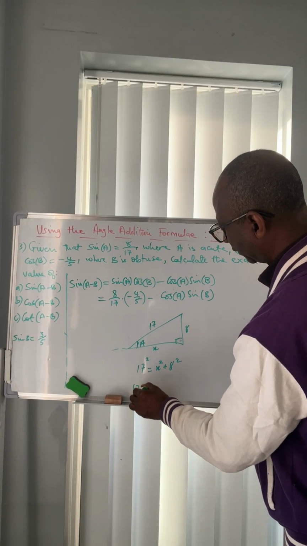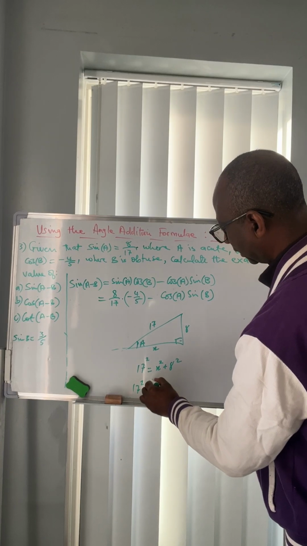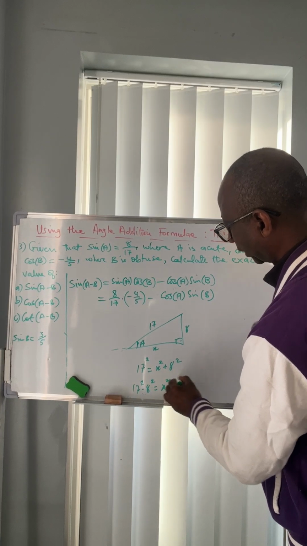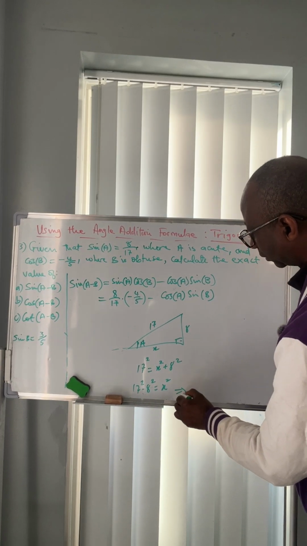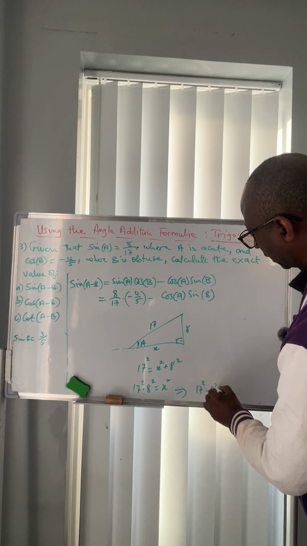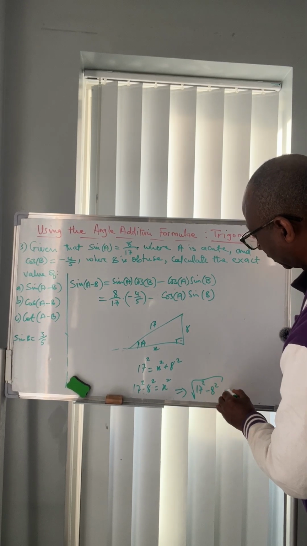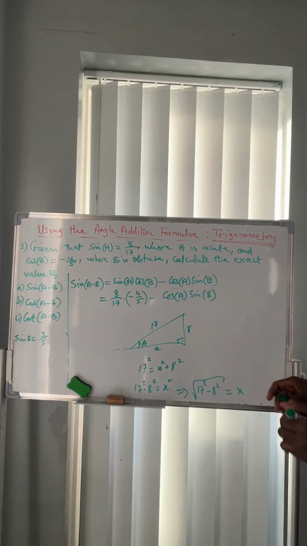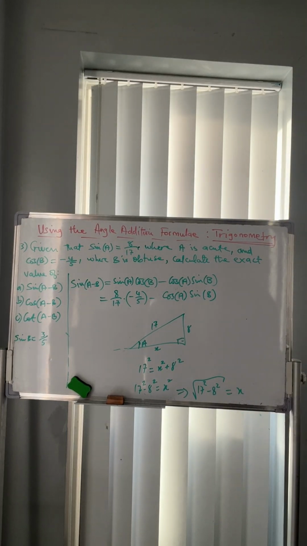So 17 squared minus 8 squared equals x squared, and the square root of this equals x.